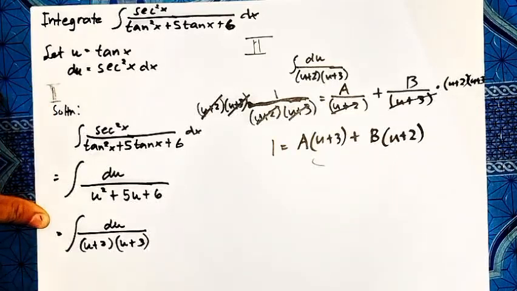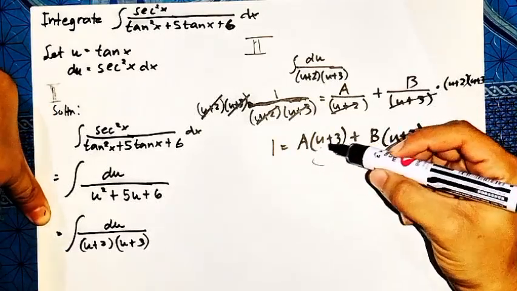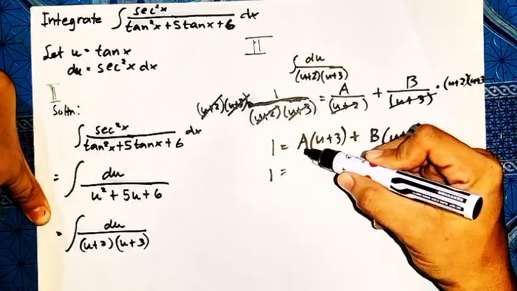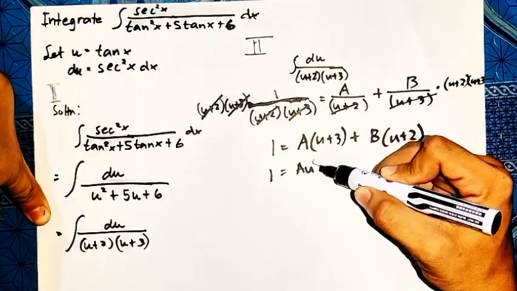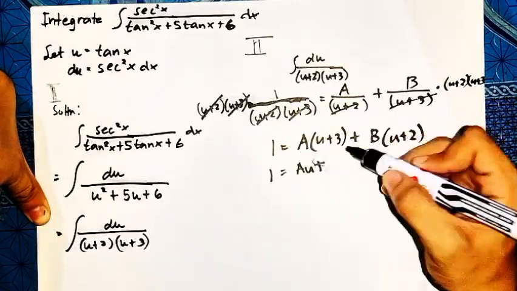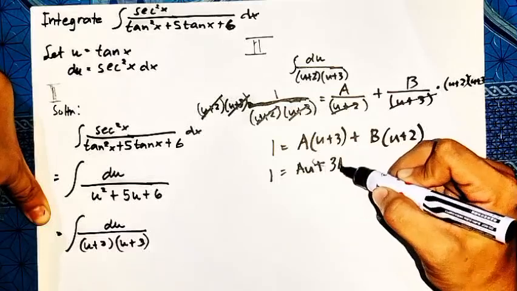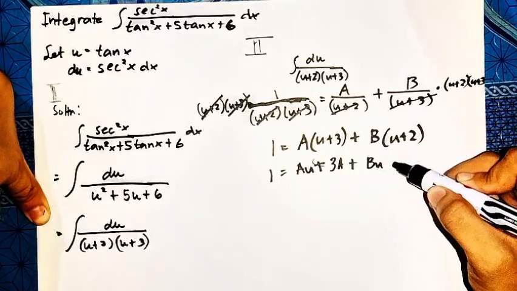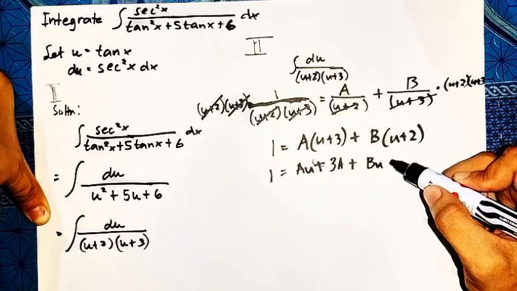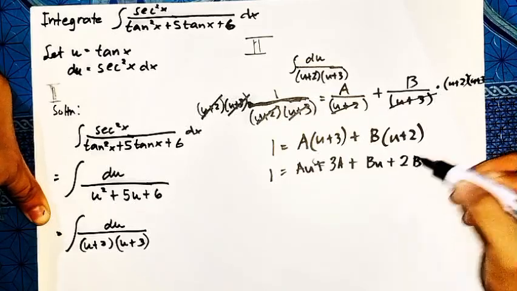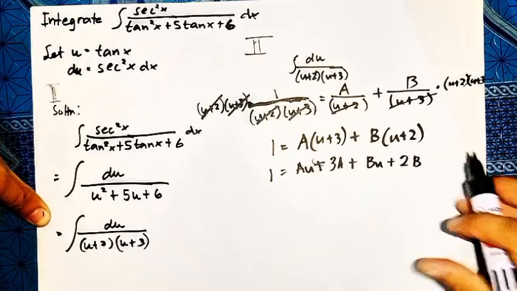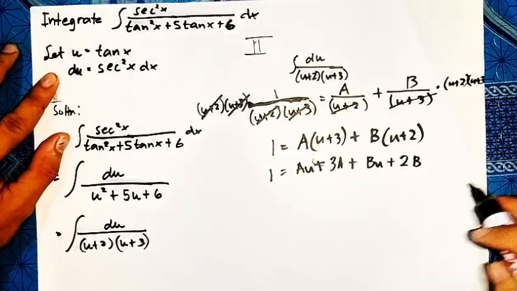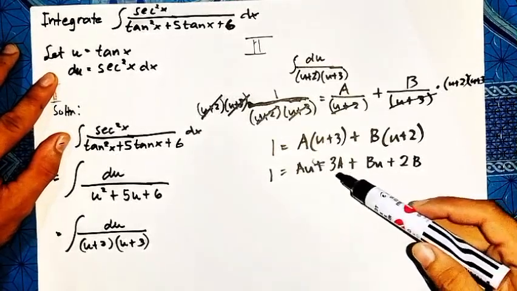Next, let's distribute the A and B. So A times u, we have Au, plus A times 3, we have 3A, plus B times u, we have Bu, B times 2, we have plus 2B. Now let's separate the letters that have coefficients.